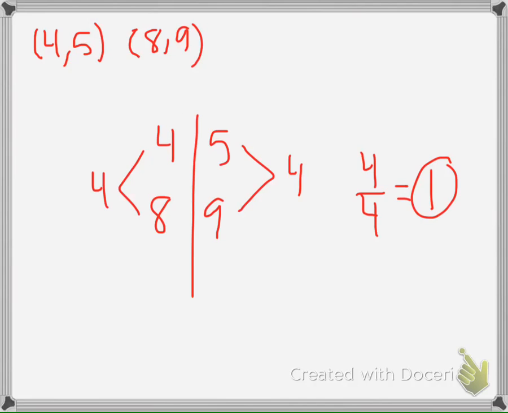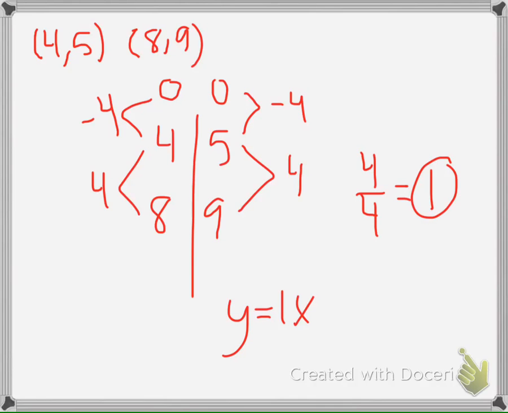But in order to get back to 0, I know that I have to subtract 4, which I was already going up by 4 on my table here, so that makes it easy to go back by 4. And every time that the x went up by 4, my y went up by 4 also. So I get to just subtract 4 on the other side and end up with 0. So my equation is simply y equals 1x, or you can write y equals x.